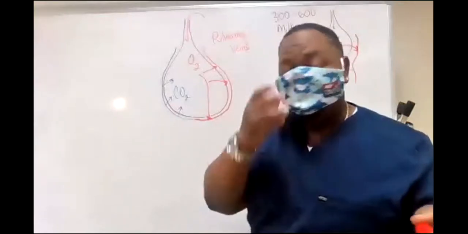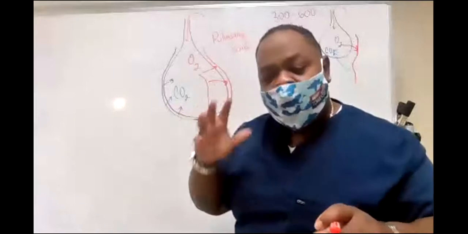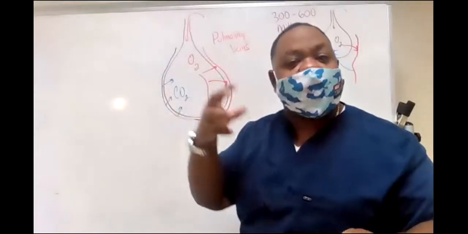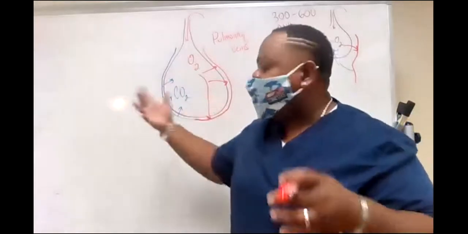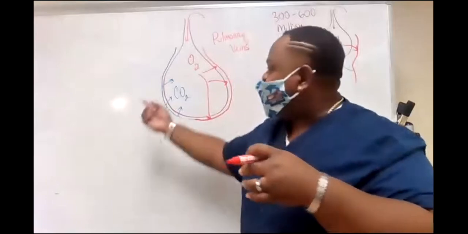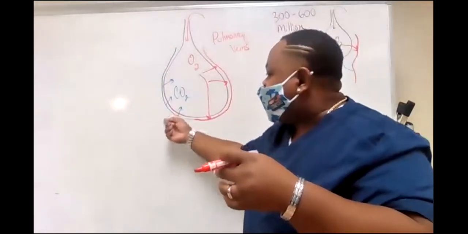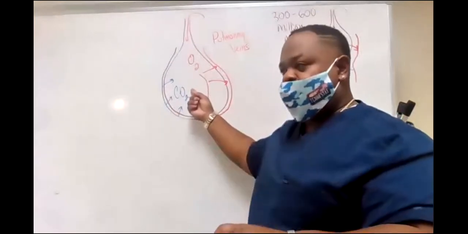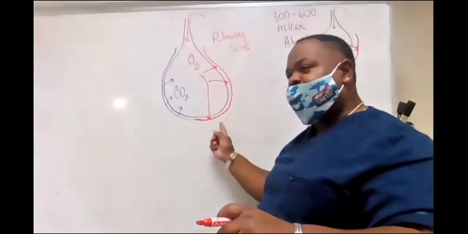That's what we're talking about. The alveoli is considered the lungs. So when it comes from the pulmonary artery, it goes to the lungs. The pulmonary artery and all those arteries get smaller and turn into capillaries, which is deoxygenated, full of CO2. When it gets into the lungs, it pushes the CO2 into the alveoli, and the alveoli will push oxygen into the capillary.